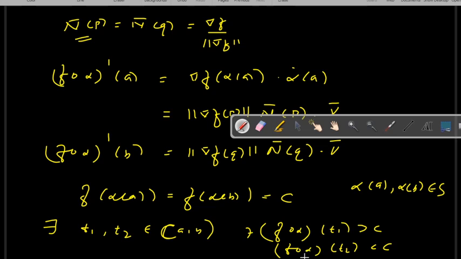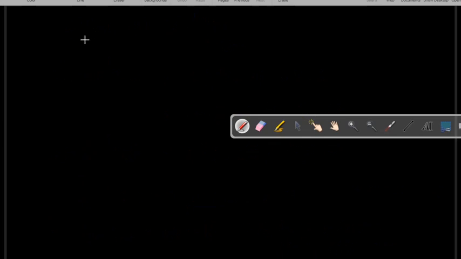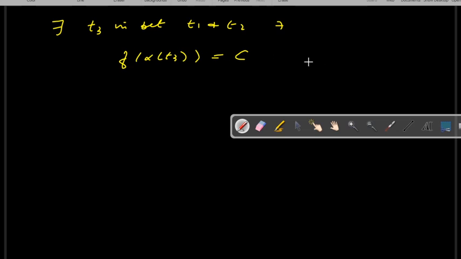Then by the intermediate value theorem, you will get a value in between t1 and t2, so there exists t3 in between t1 and t2 such that f(α(t3)) must be equal to c. That means α(t3) is an element of S.